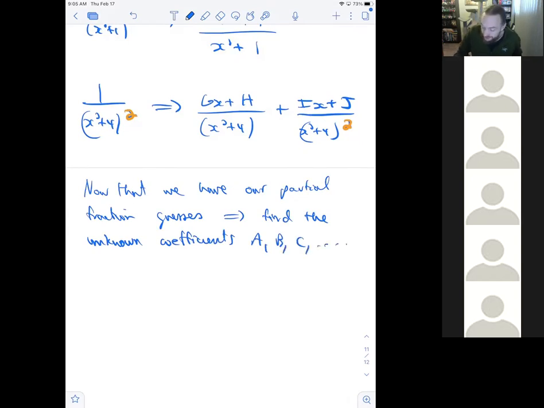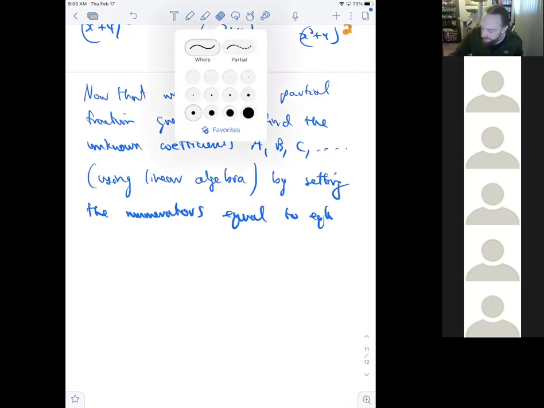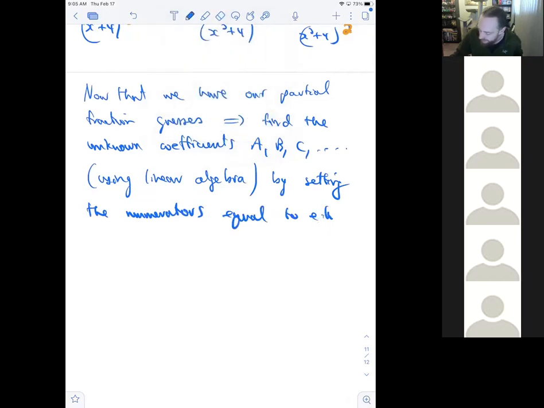We have to find these using linear algebra. That's the technique we're going to use eventually when I set up the equation, by setting the numerators equal to each other. What do we mean by that?